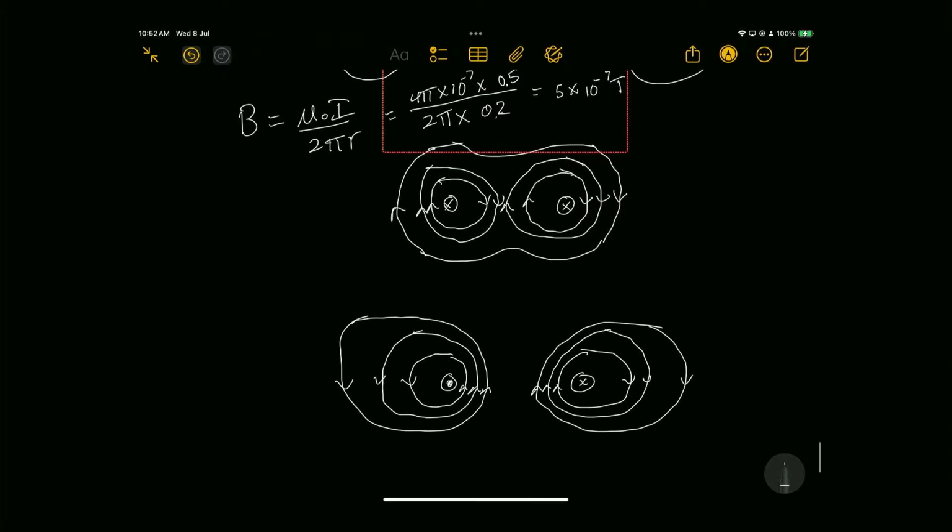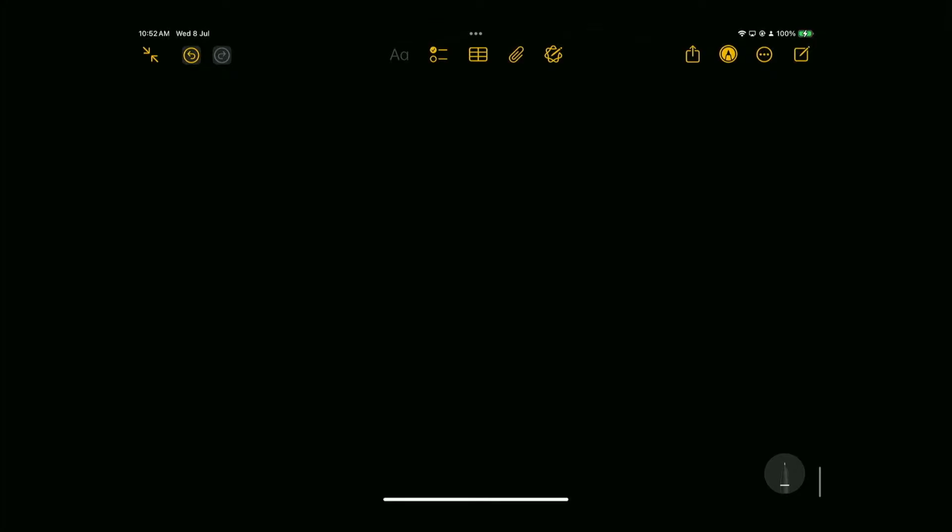Now if we have a solenoid, right? A solenoid with 250 turns carries a current of 2 amps, right?